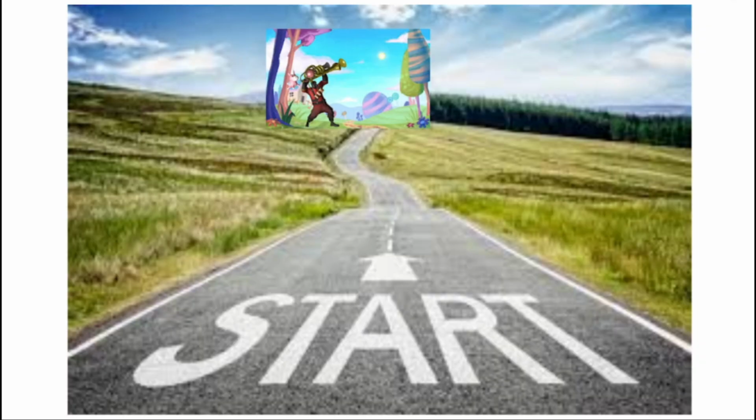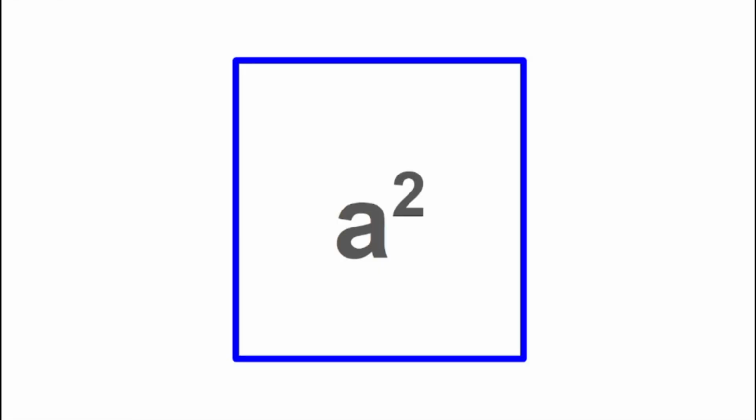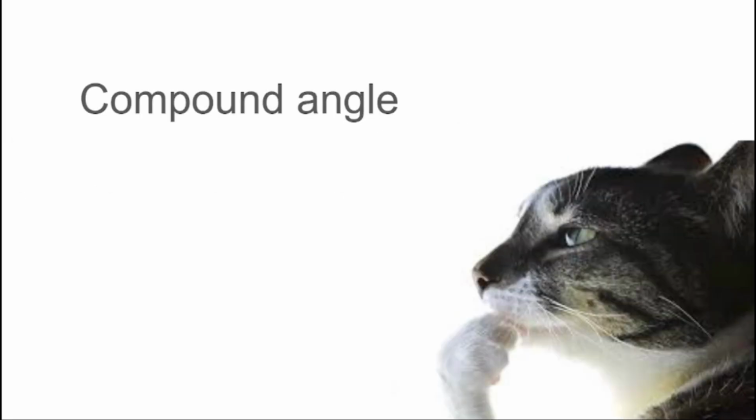Let's have some fun. Pythagorean identities use squares and 1, since 1 with any exponent doesn't care. Sine squared and cos squared give us our 1, and we can rearrange that for any sum. Compound angles is where it gets complicated.